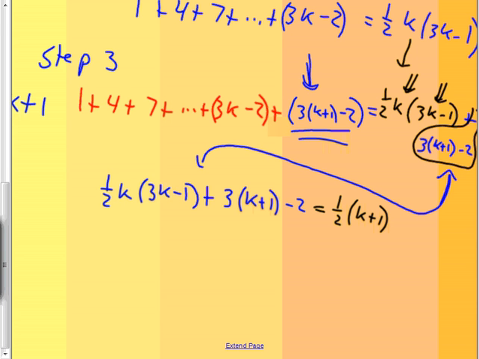And instead of this k here, I'll have 3 times k plus 1. And then minus 1.